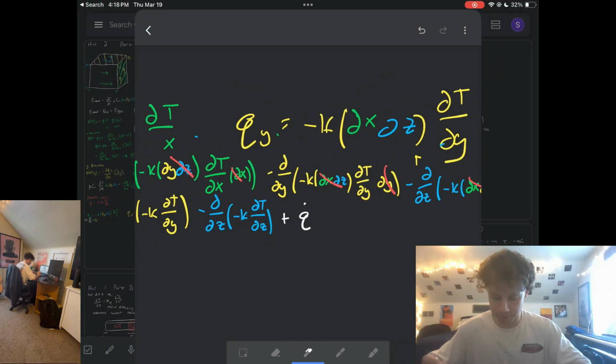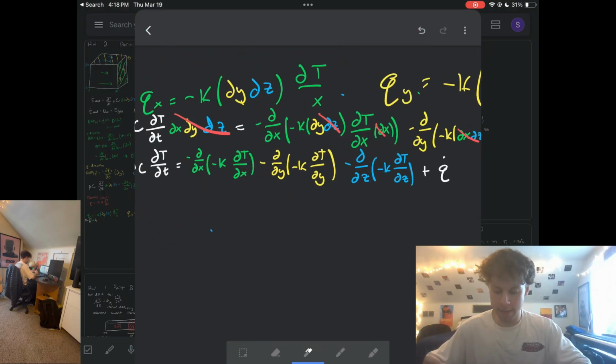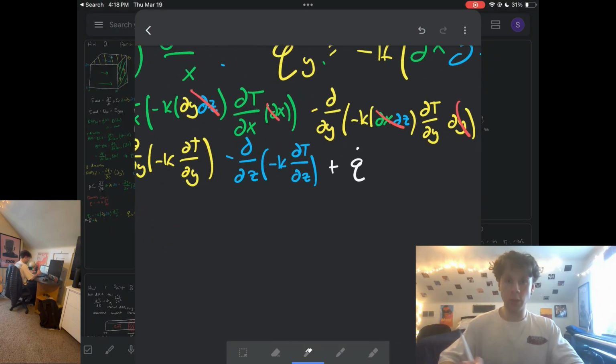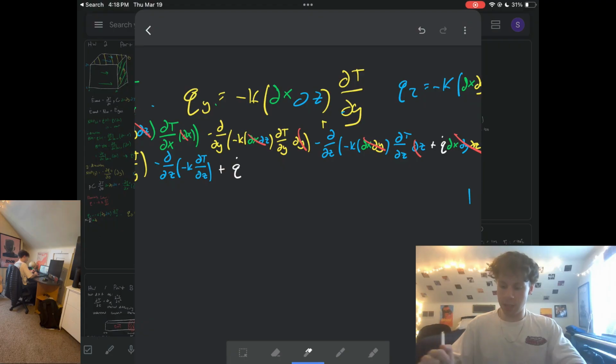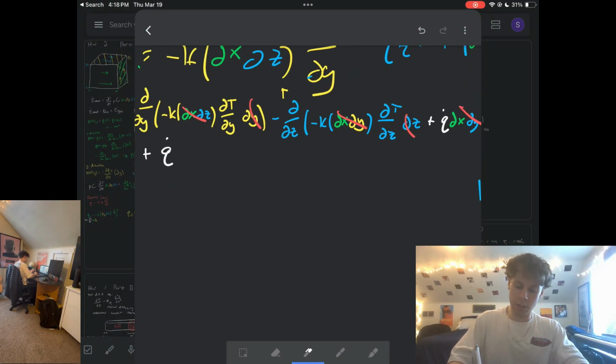Okay, so to simplify even more, if we recall, we know that our thermal conductivity divided by density times heat capacity is our thermal diffusivity, or alpha.